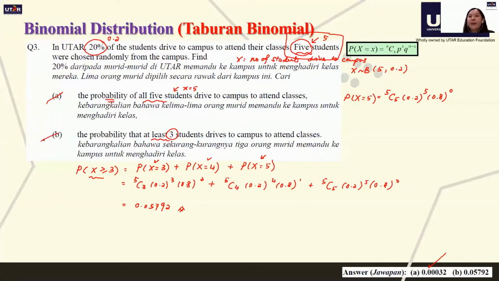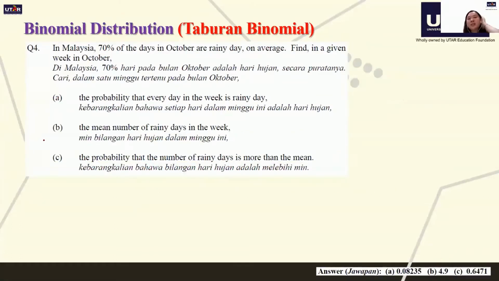Okay, let's go to the next one, long questions. Long questions will normally have a story given, then they will ask you to find more things. Let's see. In Malaysia, 70% of the days in October are rainy days, right?